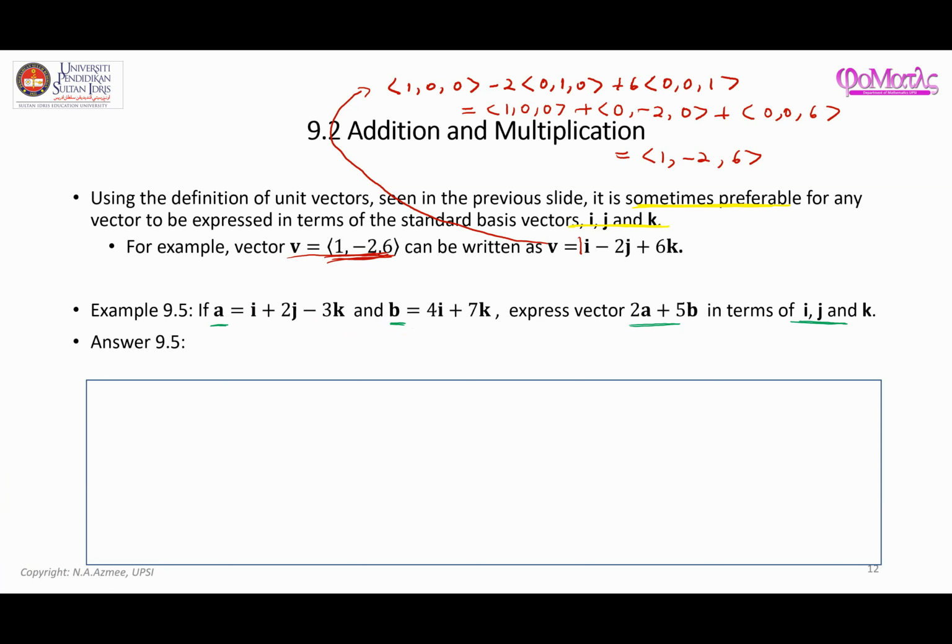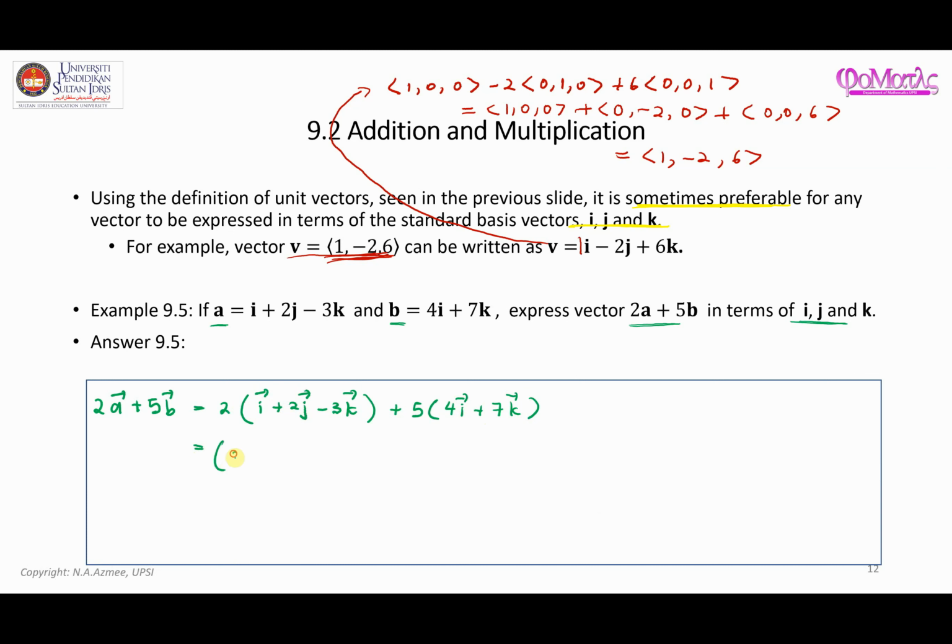Alright, so now 2a plus 5b is equal to 2 times vector A, which is vector i plus 2j minus 3k, plus 5 times vector B, which is 4i plus 7k.